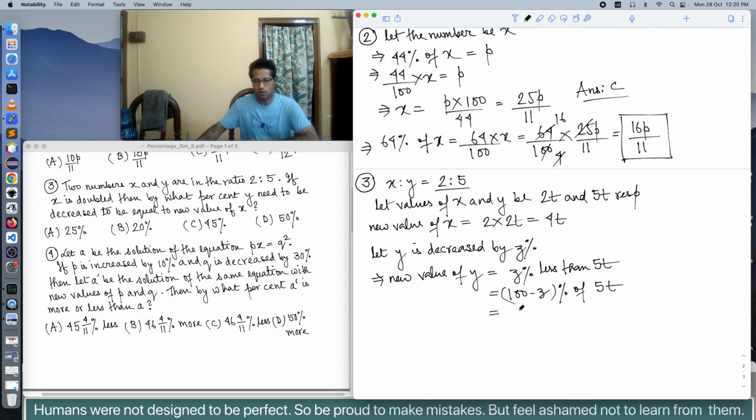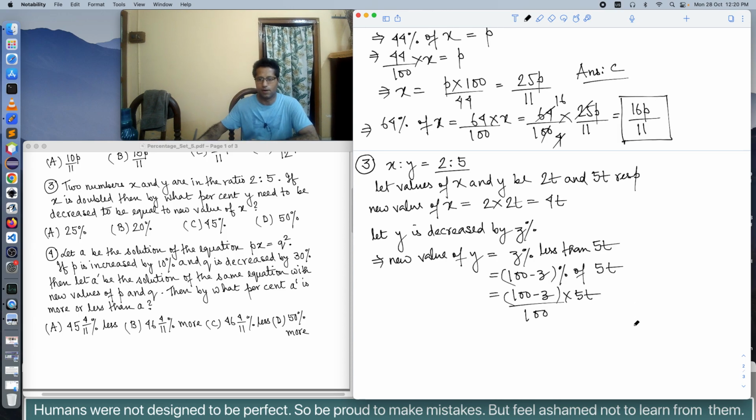This is equal to 100 minus z divided by 100, and this whole multiplied by 5t. So when Y is decreased by z%, its value becomes 100 minus z divided by 100 multiplied by 5t, as 5t is the initial value of Y.